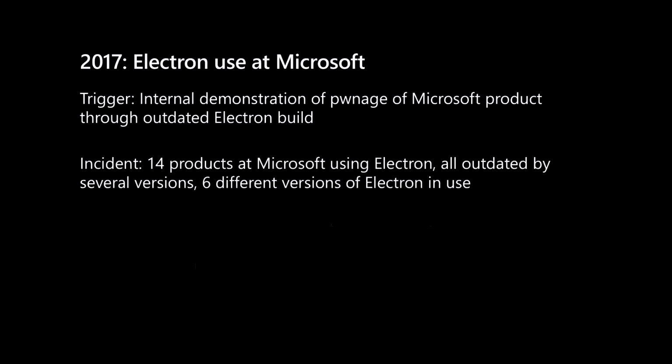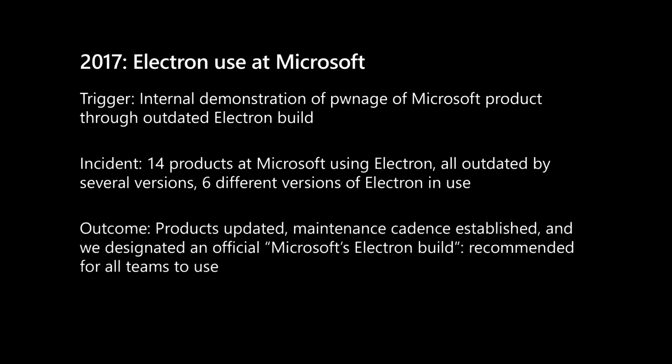So we declared an incident with a very clear goal. Let's get all of those products updated to the latest stable version. Let's get some kind of commitment to a maintenance schedule so that we don't get into this situation again. And through that process, we actually had a team step up and say, you know what, we are the most current right now. We have the most vested in this product.